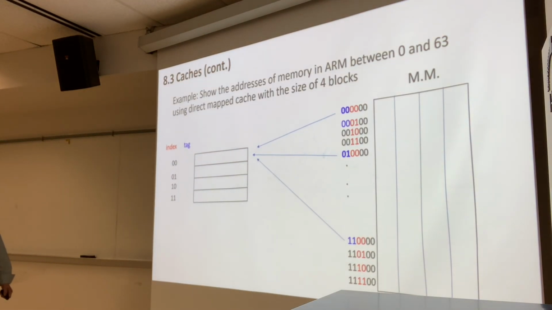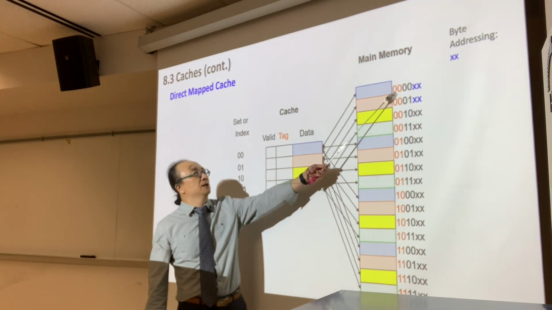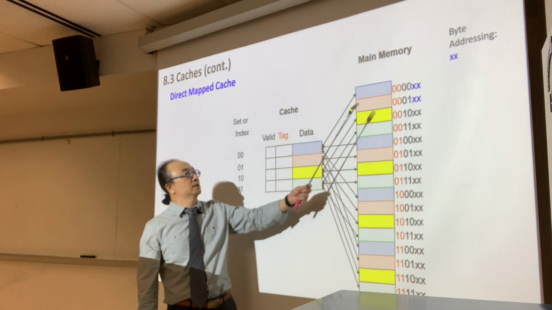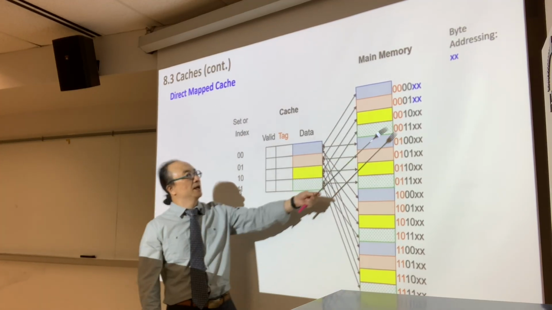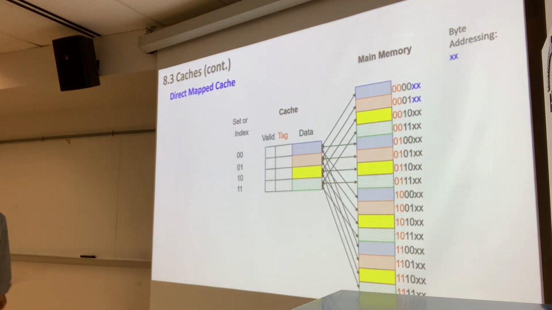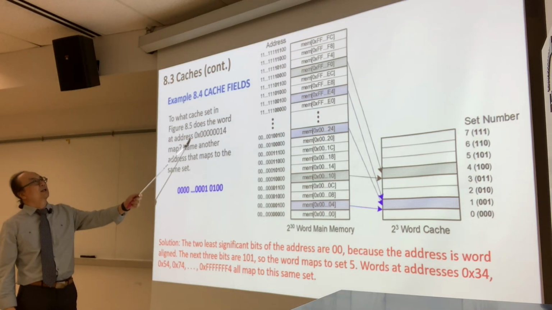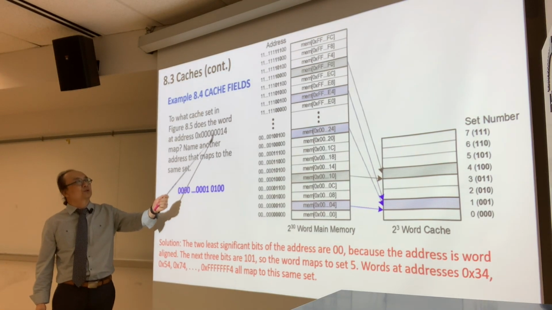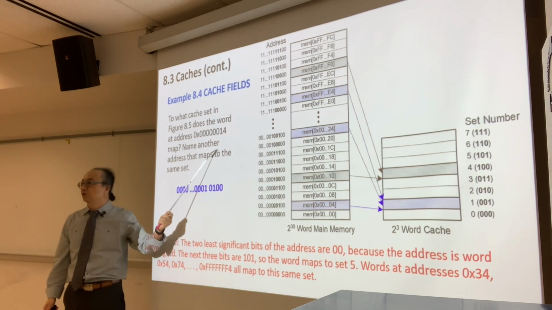So tag also plays an important role in the cache design. When we look at all of these, the red one is the tag this time, the black one is the index or set, and the lower 2 bits are the offset of the data. So in the example in the book, say 0x00000014, where are we going to store it in the cache?